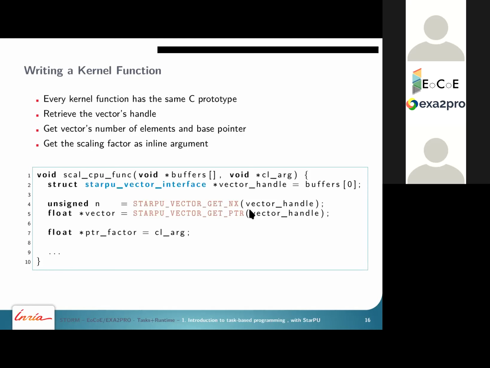We had a vector scaling example, so we need to know which factor we will use, and that can go through cl_arg. We will see that in the task, where you provide a pointer to the float parameter. So here you can get it directly without having to register the data. You just get a pointer as you have passed it to the task.